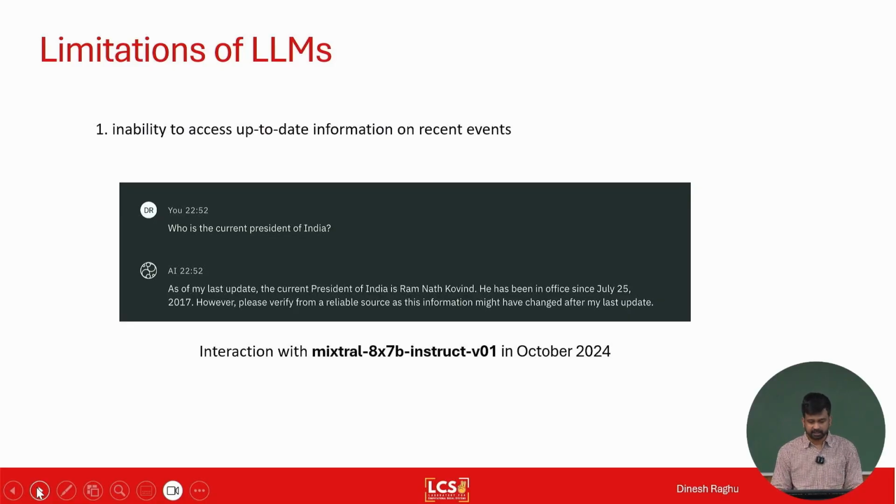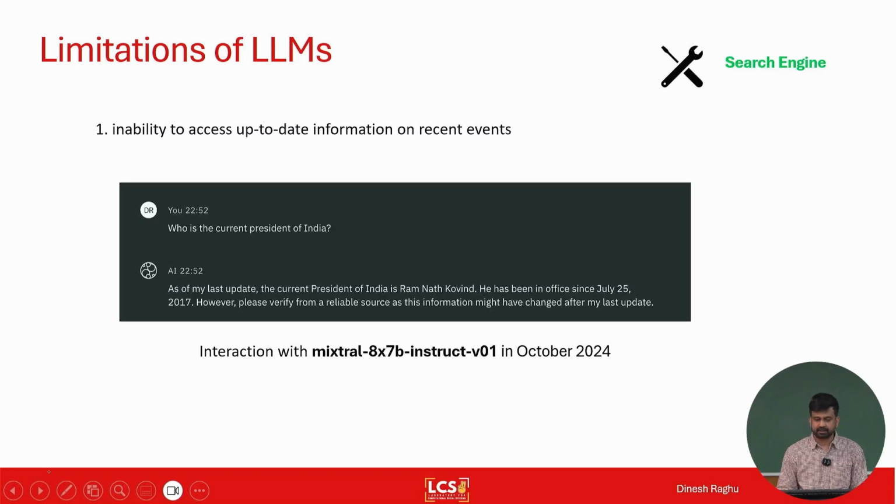For example, when I queried the Mistral 8x7B model last year, it said, based on my last update, the current president of India is Ramnath Kovind, and it also gave a disclaimer that he has been in office since this time, and this may not be reliable, and you'll have to verify it because there may be latest changes to this information, right? So it can only give you a disclaimer, but it can't actually solve the problem at hand.